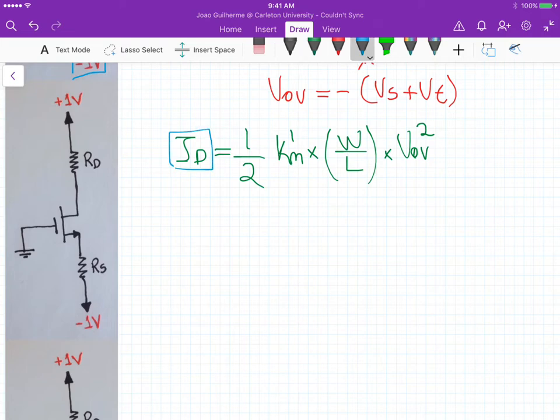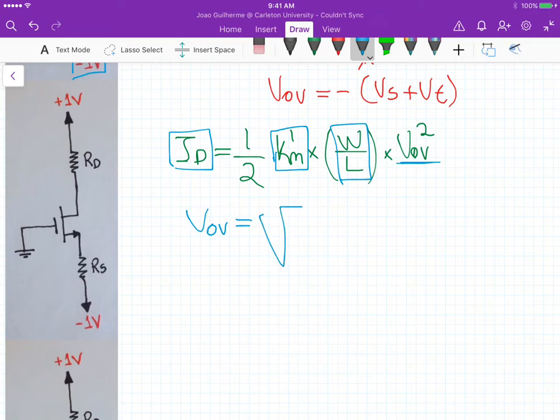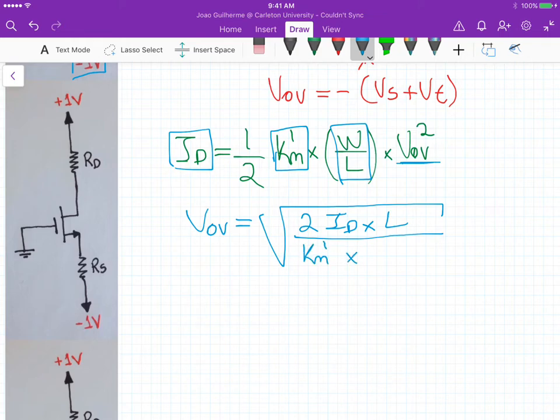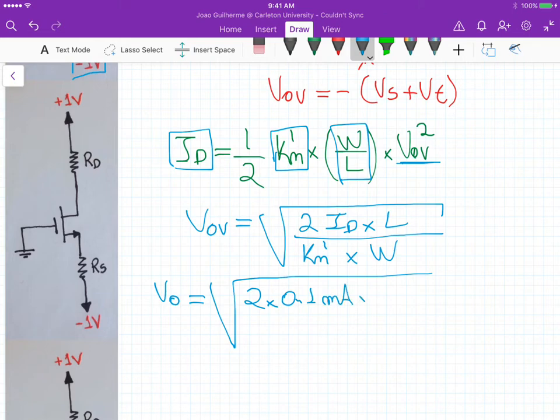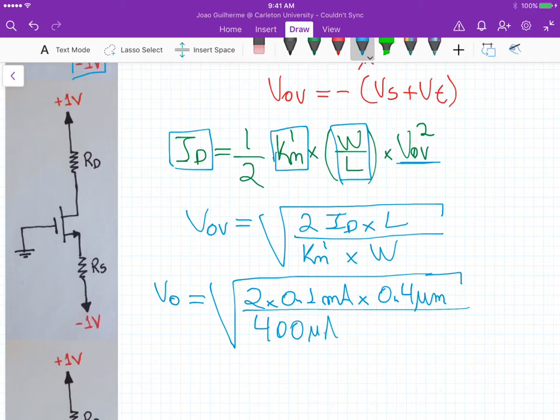We know ID, we know the process transconductance, and we can define the aspect ratio because we know W and L. So the overdrive voltage is equal to the square root of 2 times ID times L, divided by the process transconductance times the width W. Substituting the parameters, this becomes 2 times 0.1 milliamps times 0.4 micrometers, divided by 400 microamps per square volt times 5 micrometers.